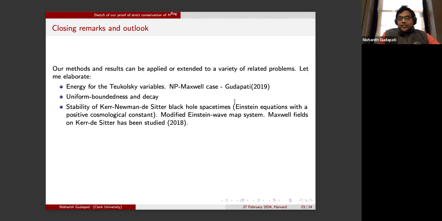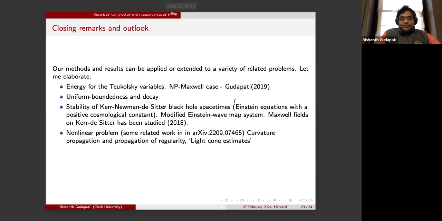So that's a work in progress. I did that work for the Maxwell equations back in 2018, but you can do the same for the Einstein-Maxwell perturbations as well. That's a work in progress.